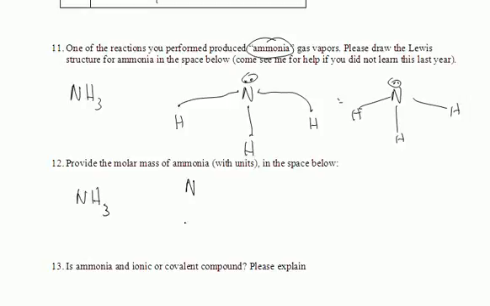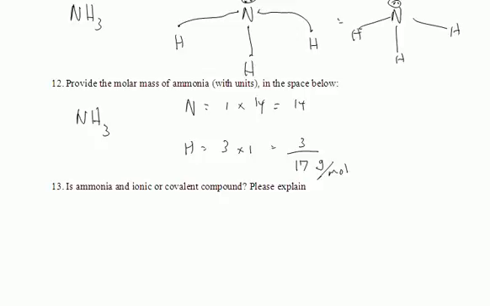So we have N and we have H. There's one N, there's 3 H's. Multiply this by 14, multiply this by 1. We're going to get 14 and 3, which gives us 17 grams per mole. Notice I'm rounding the numbers. That is totally fine. Is ammonia ionic or covalent?